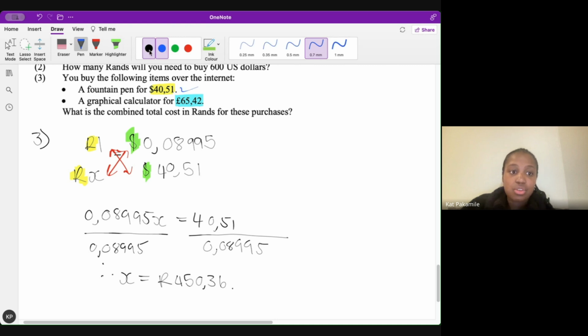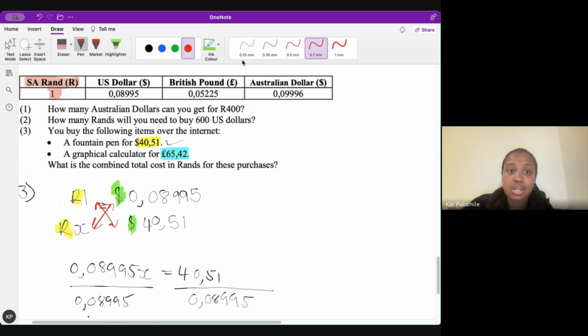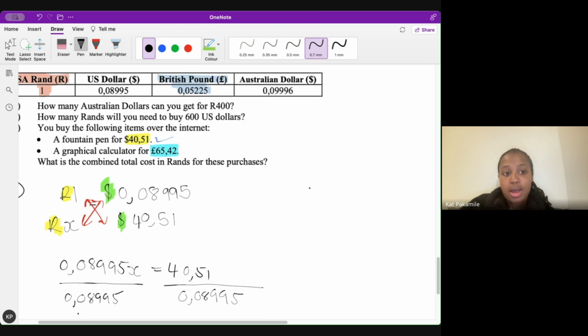Now we need the cost of the graphical calculators, which is in British pounds. So this time we are using this exchange rate. I have 1 rand is equivalent to 0,05225.